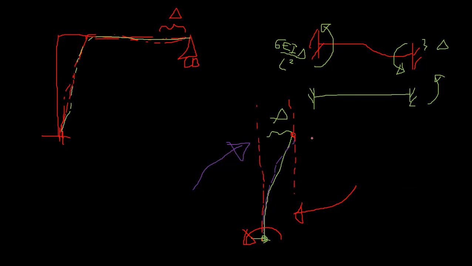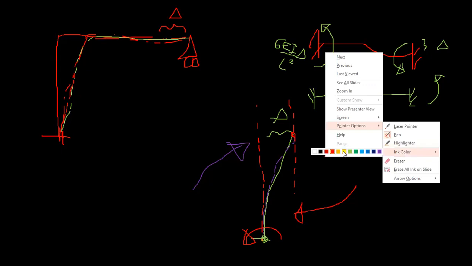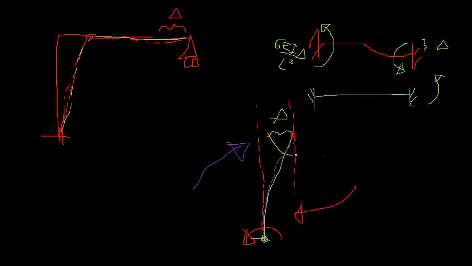So to take it back, he should apply a resistive moment in this way. This is your fixed end moment.